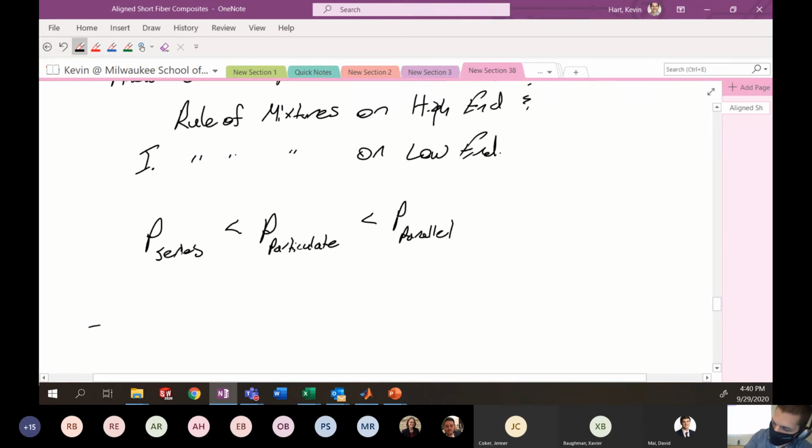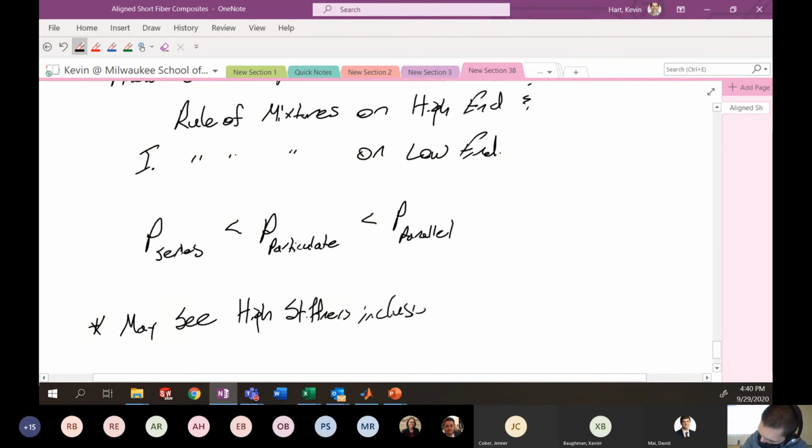I'll make a note of that here. High stiffness inclusions, generally low stiffness matrix. This would be like what we've been talking about all along.